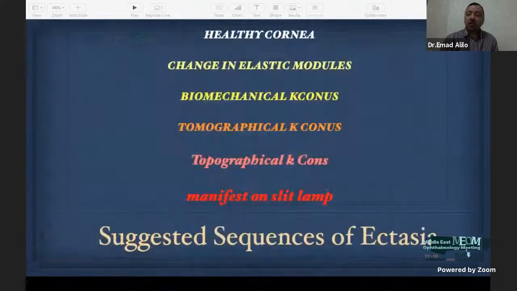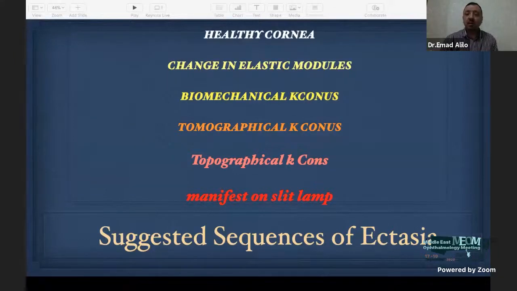So now we have a better understanding of the cornea. It starts with a normal healthy cornea. Then there is some change in the elastic modulus. Then comes the level of biomechanical keratoconus. This cornea has a susceptibility to develop ectasia, but it is not yet clear.